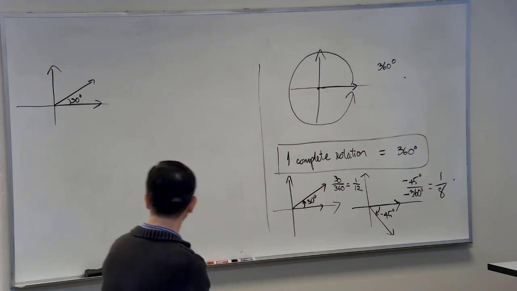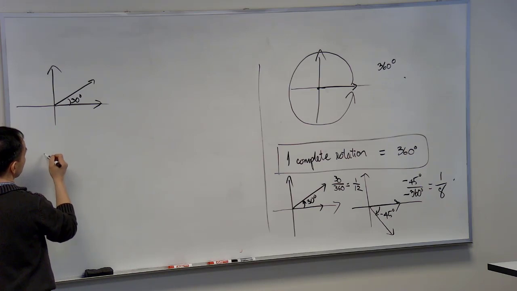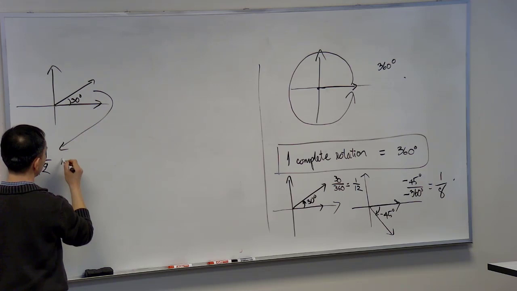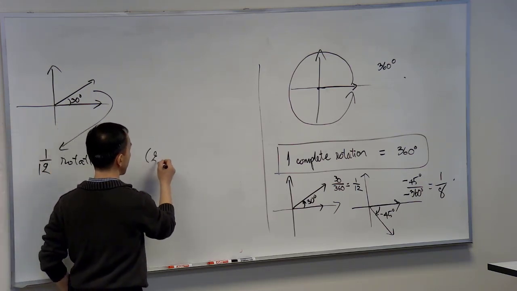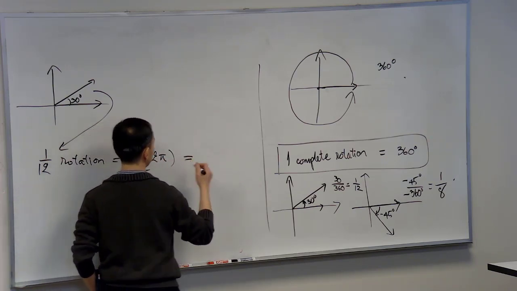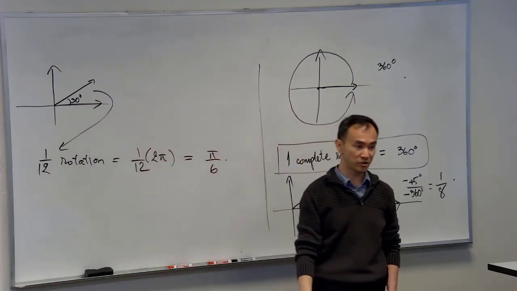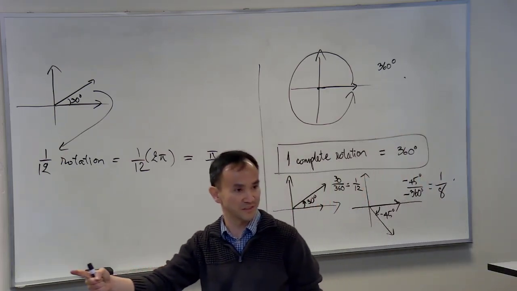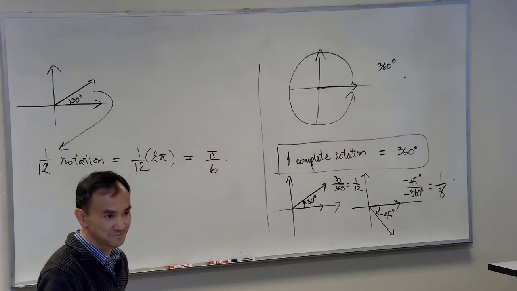So a 30-degree angle is the same as a 1/12 rotation. Now one rotation is 2 pi, so 1/12 of that is, canceling out the fraction, pi over 6. So pi over 6 is, from now on, the radians convention to indicate the 30 degrees angle.